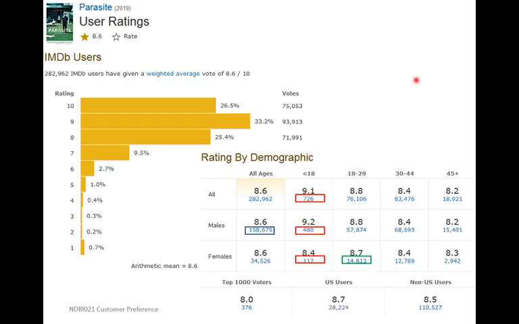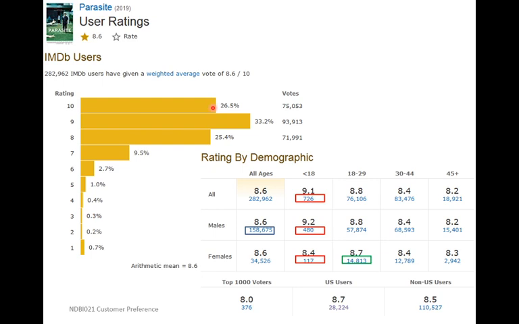Okay, here is another display of some user ratings on IMDb. It's about movies, and this movie Parasite is from South Korea. It won the prize this year, and here we see several different depictions.